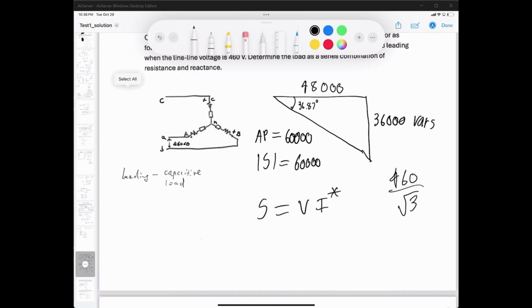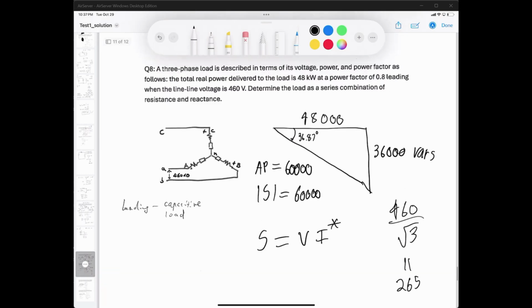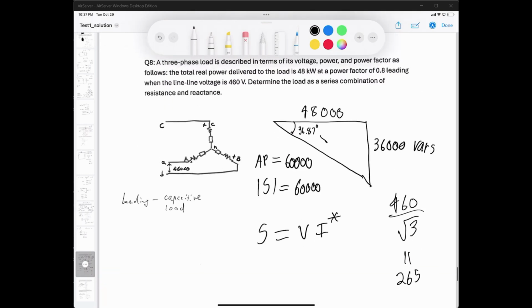Okay, and we're specifically focused on the magnitude, because we know that with a power factor of 0.8, the angle is going to be 36.87 for the impedance as well. That's going to be its phase angle.